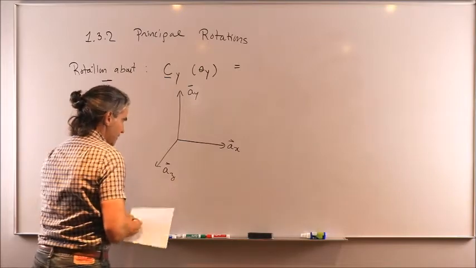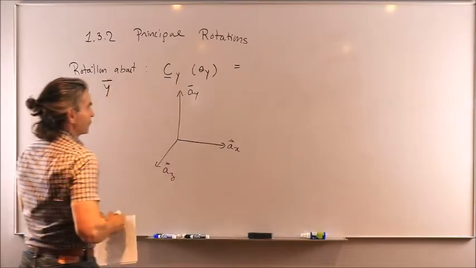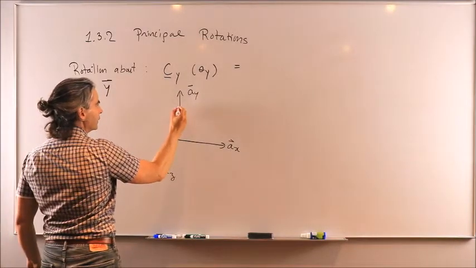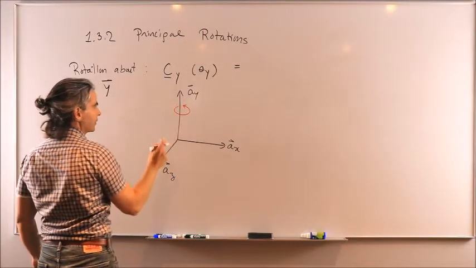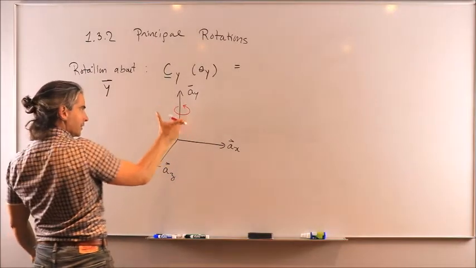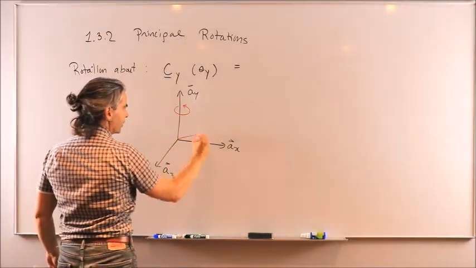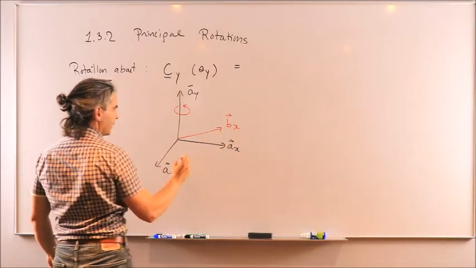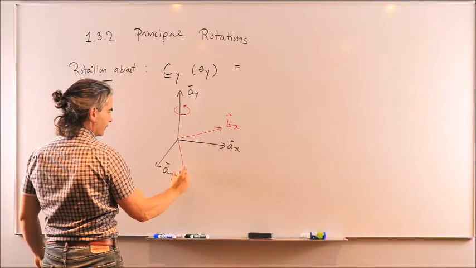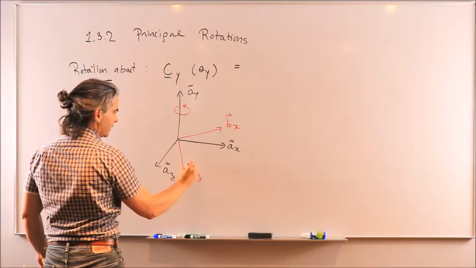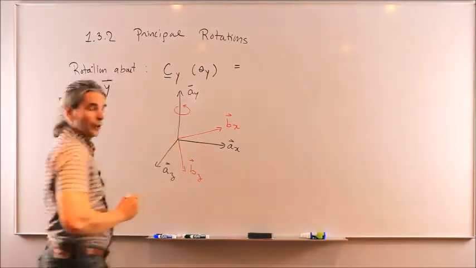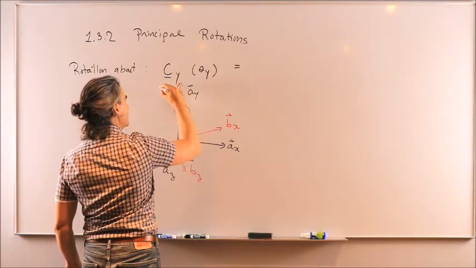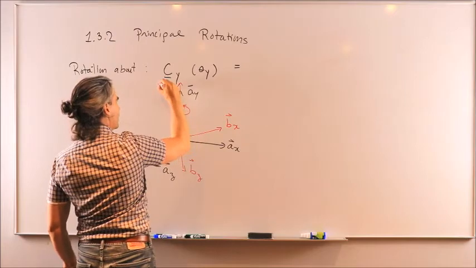And then you obtain reference frame B about a single rotation about the Y axis here. So you spin reference frame A about AY, and then you're going to obtain reference frame B, BX, BZ like that. And because Y was your axis of rotation, it means that AY and BY are on top of each other like that.